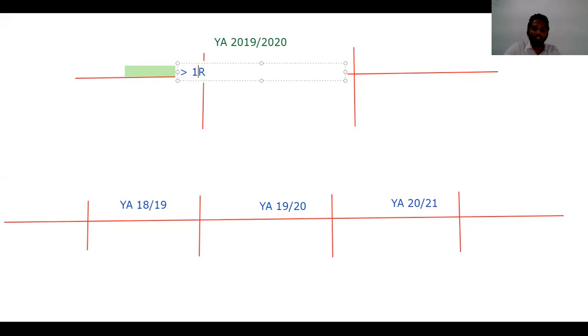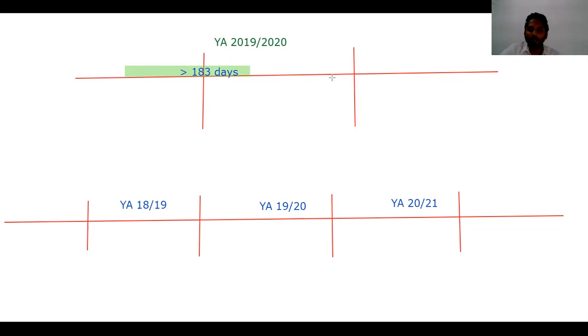We can decide he is a resident because he has exceeded more than 183 days. So here, because of commencing, we determine him as a resident. Then let me explain the ending part also.